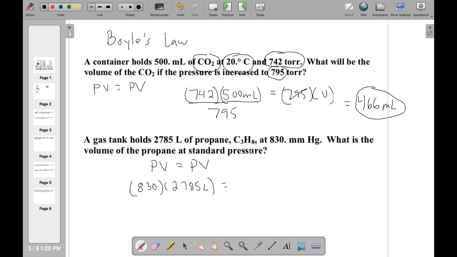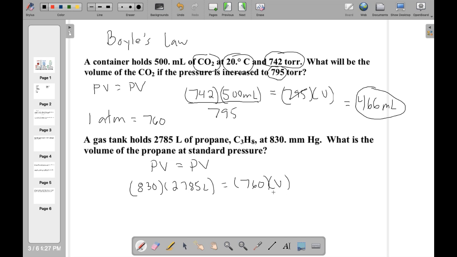Well, what is standard pressure? Remember how I told you standard pressure was 1 atmosphere? Well, 1 atmosphere is equal to 760 torr. So I need to convert this to 760. And now I need volume yet again.